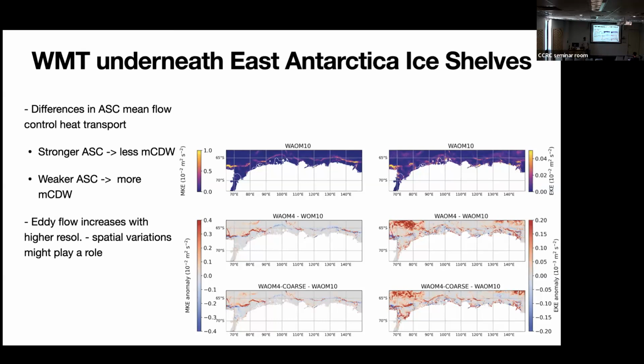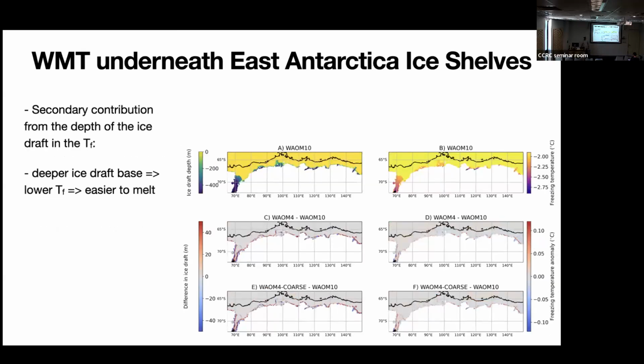There's this different response to the model resolution along different sectors of East Antarctica in the slope current. And you also identify a secondary contribution to the difference in the basal melt rates, which relates to the model representation of the ice draft. Because we have different resolutions, the depth of the base of the floating ice shelf is different between resolutions.